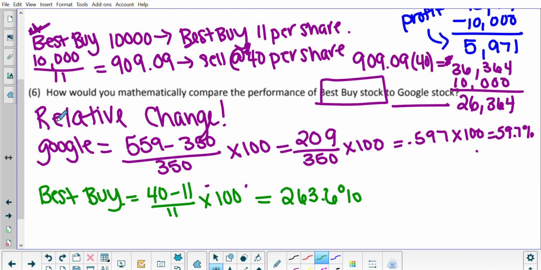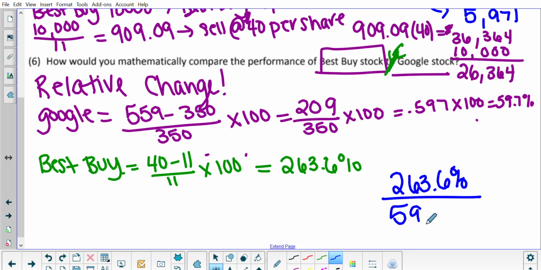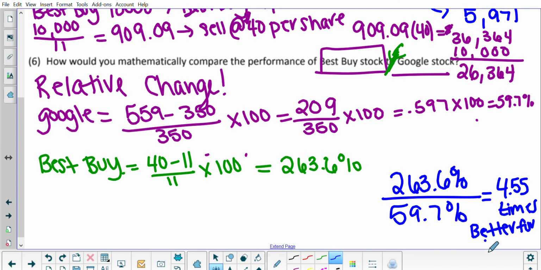But by how much? I want to find that times, and if we remember, this 2 means divide. So if I take Best Buy's relative change and divide it by my Google relative change, I get 4.55 times better for Best Buy.